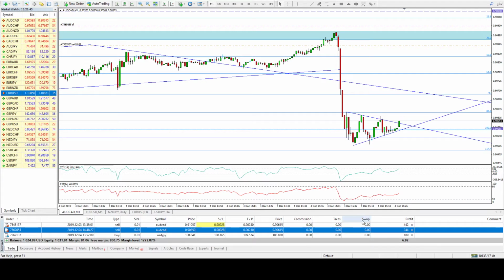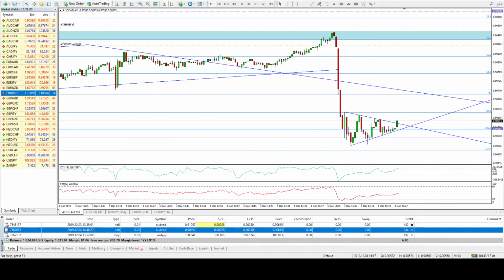Okay, I don't like it anymore. I'm gonna close. The price is above the support, which is right here, and right now it broke this pennant. Let's see if it stays above the upper band of this pennant.